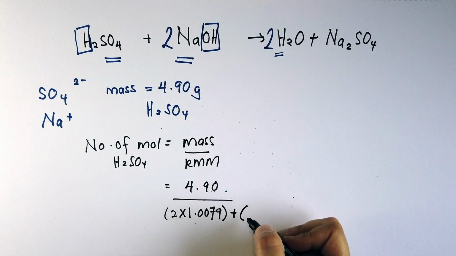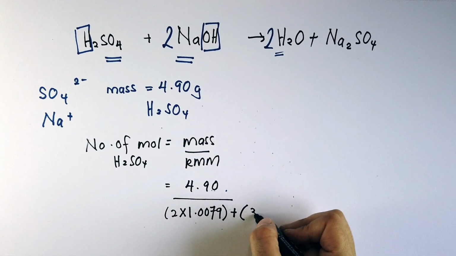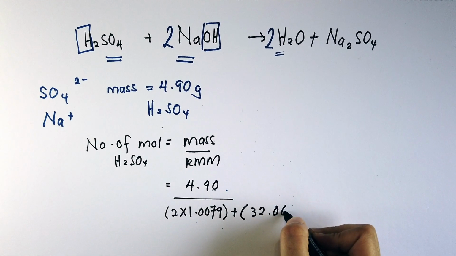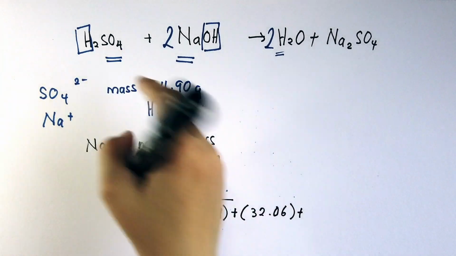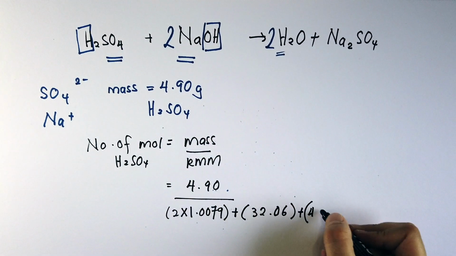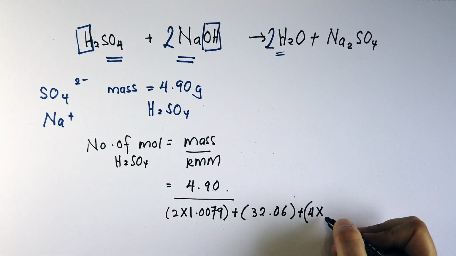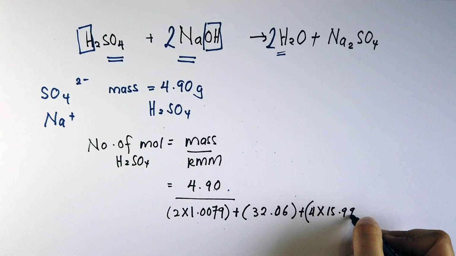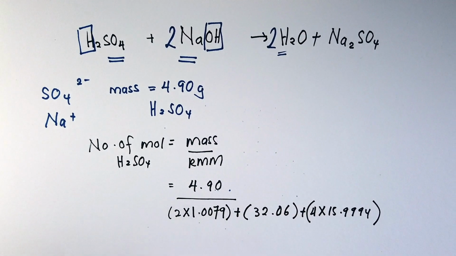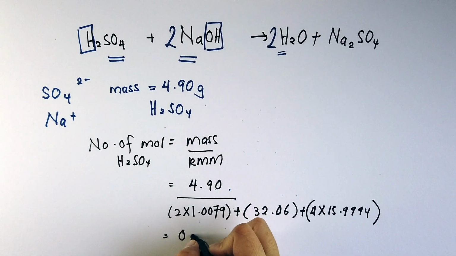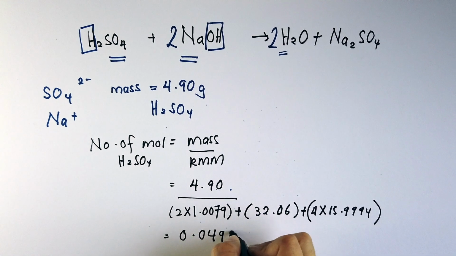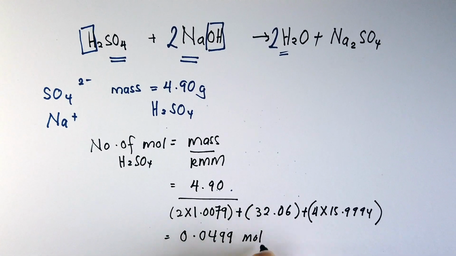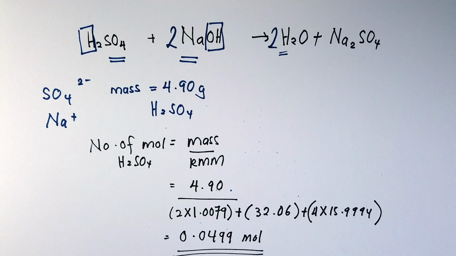For sulfur, it should be 32.06. For oxygen here, because you have 4 oxygen, 4 times 15.9994. After that, you should get your number of mole equivalent to 0.0499 mole. So this is the first step.